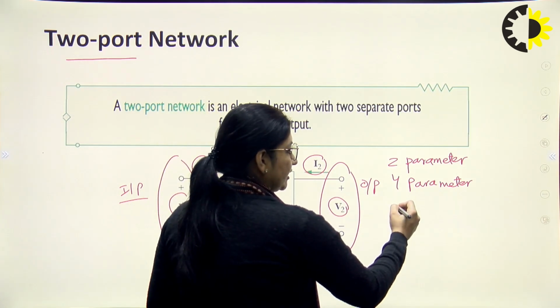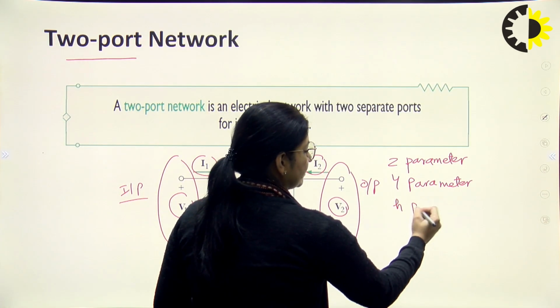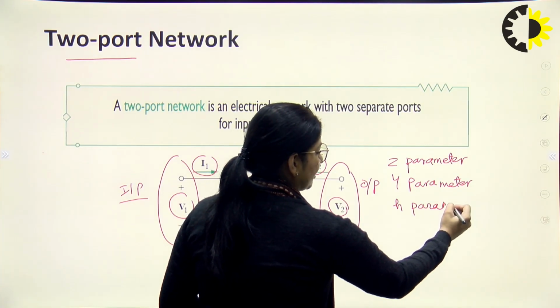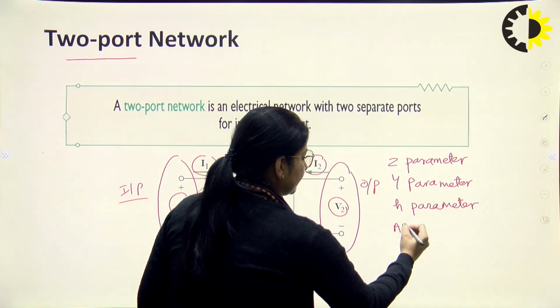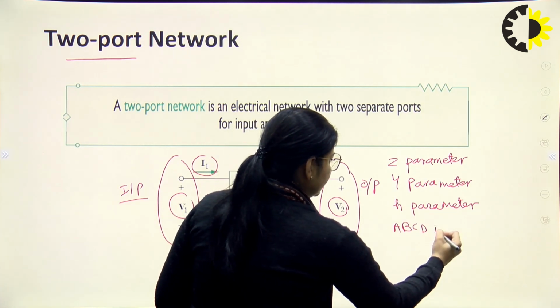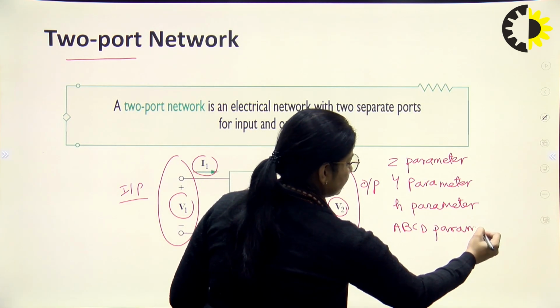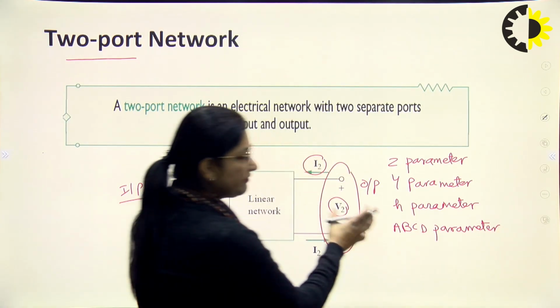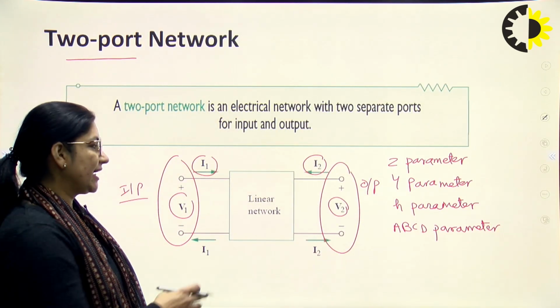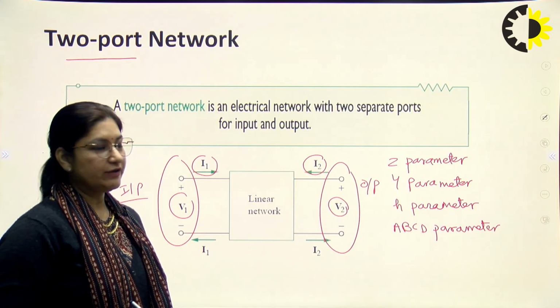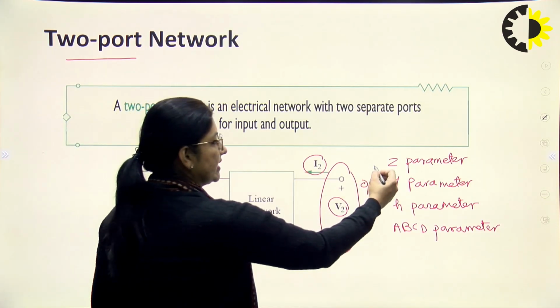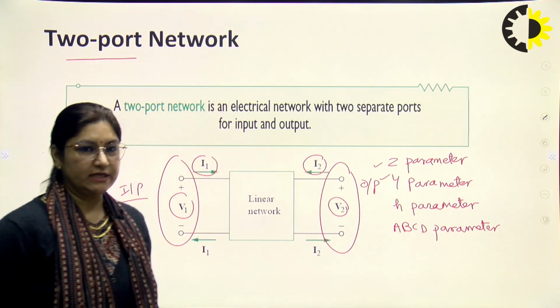Further, other parameters are hybrid parameters, that means H parameters, and others are ABCD parameters. So there are various parameters which can characterize this linear network. In this lecture, we will be concentrating on Z and Y parameters only.